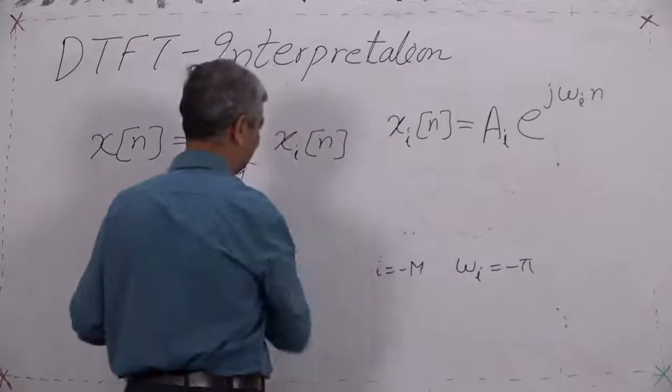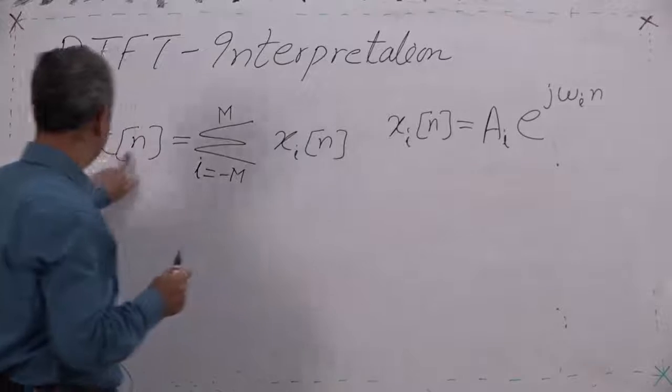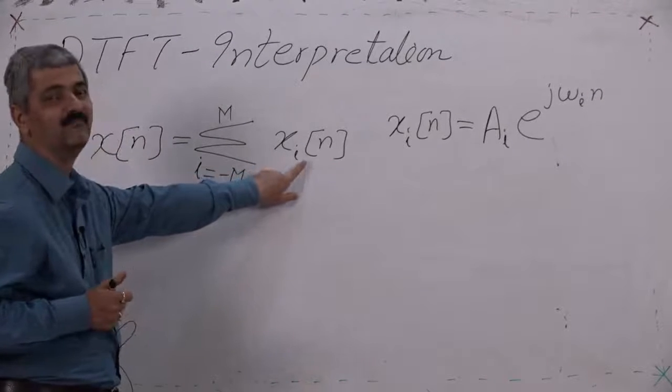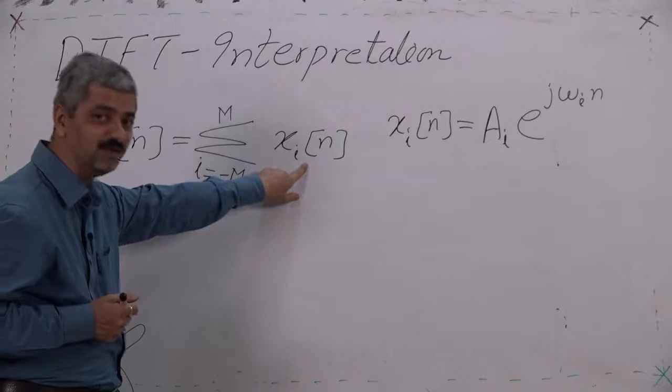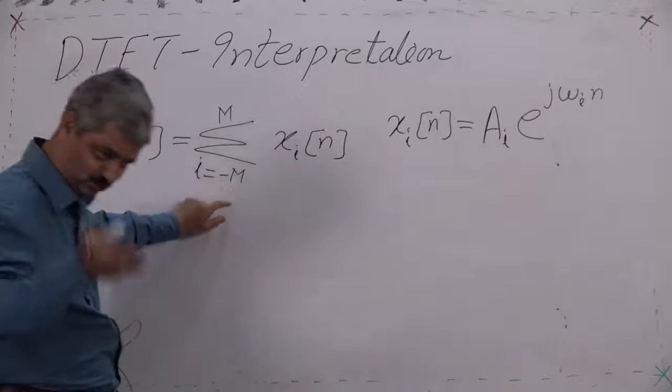So I can say that x[n] is equal to the summation of multiple subcomponents. How many? 2m plus 1. What is m? As you choose.